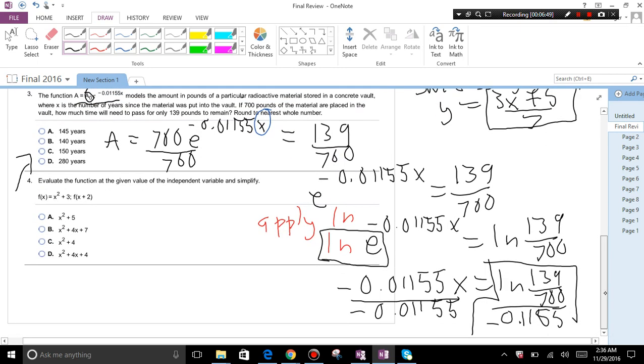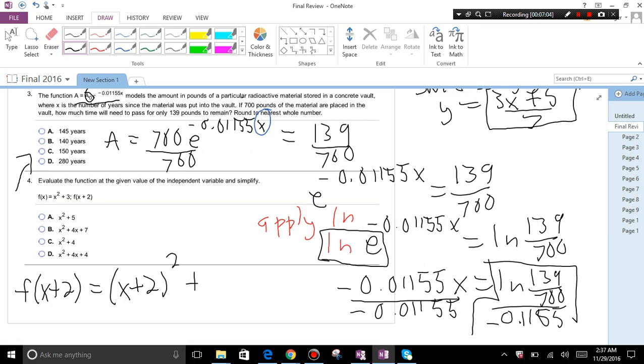Number 4, you're just plugging in what is f of x plus 2. That means you go to f, replace the x with an x plus 2. We're good at these. x plus 2 squared plus 3.